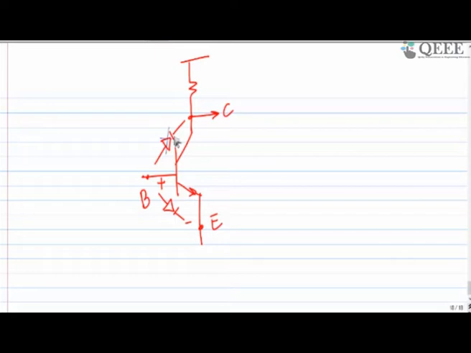If you want to do that, your collector voltage has to be higher than base voltage or base to emitter voltage, right? So this has to be high. Let's call it plus plus. This has to be plus and this has to be minus. So with respect to collector, base has to be a lower value, and with respect to base, emitter has to be a lower value. So this is how it has to be.